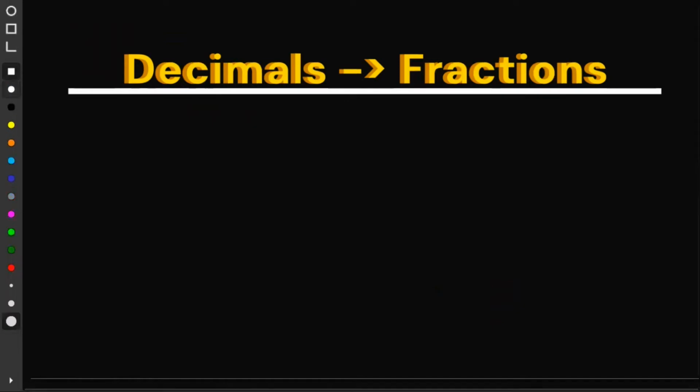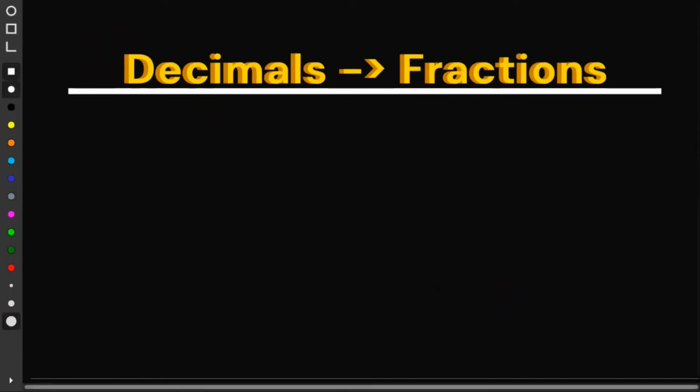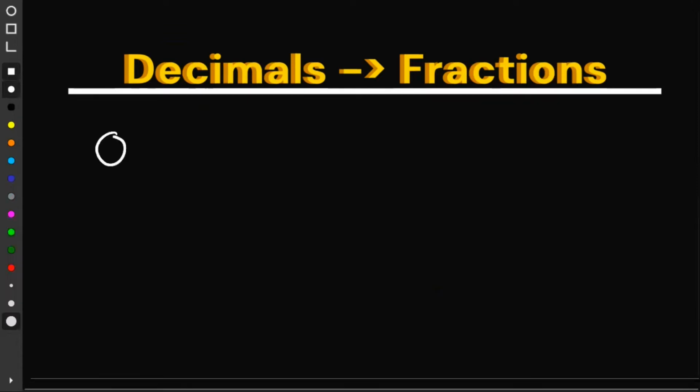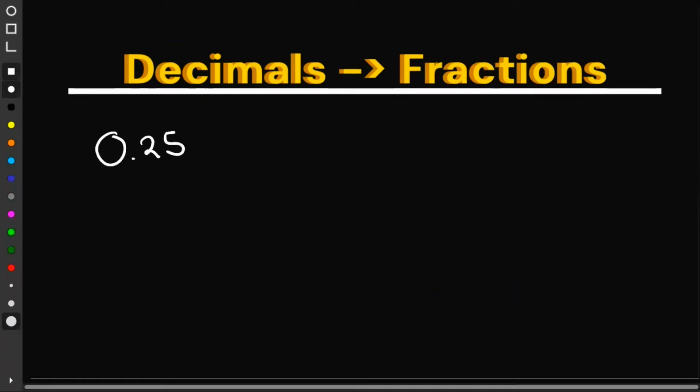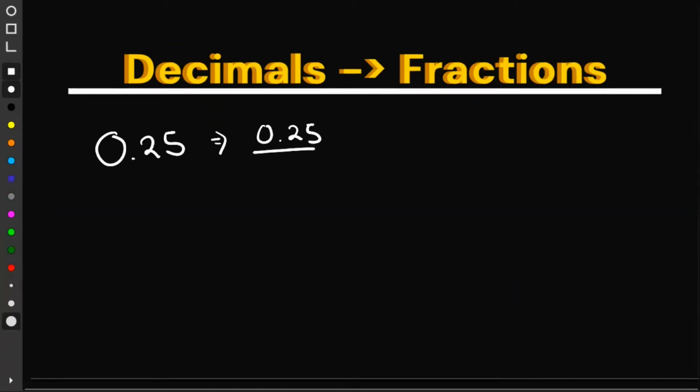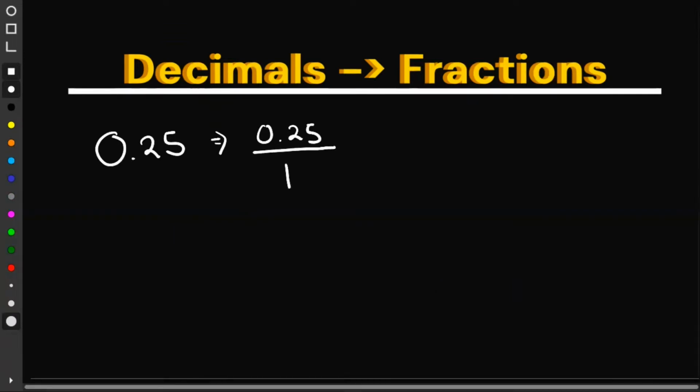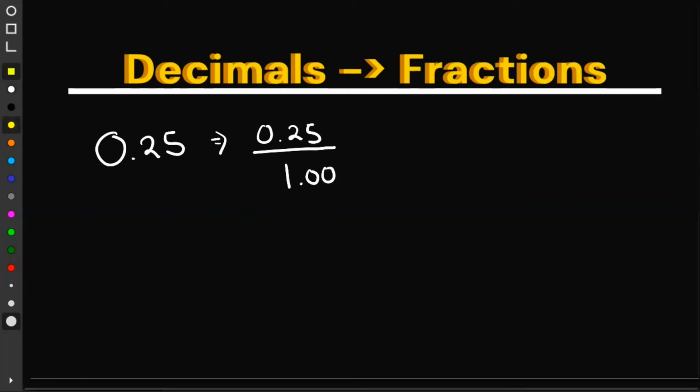Now let's start converting decimals to fractions. Let's first have this example. If we have 0.25, how do we convert this into a fraction? We note that we can write this as 0.25 all over 1. But note that 1 can be written as 1.00.